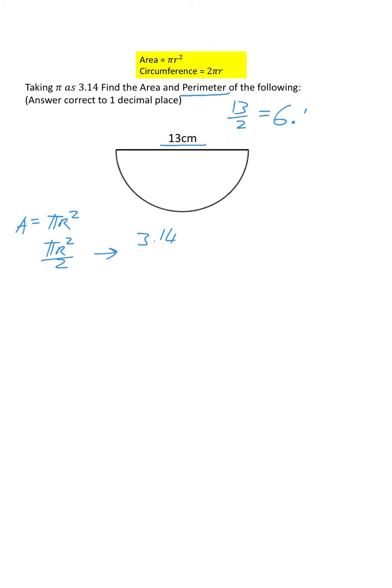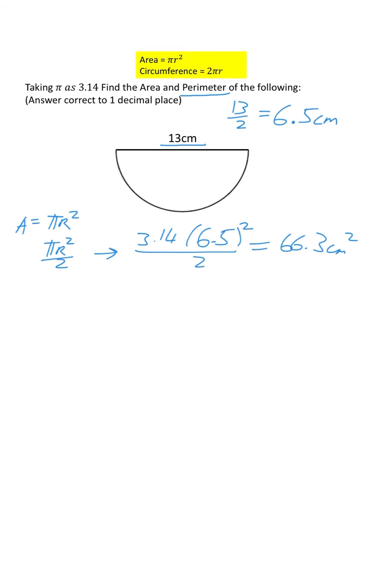So 6.5 centimeters is our radius. So we're going to have 3.14 times 6.5 squared, all divided by 2. Putting that into the calculator gets us 66.3 centimeters squared. Okay, so that's the area.